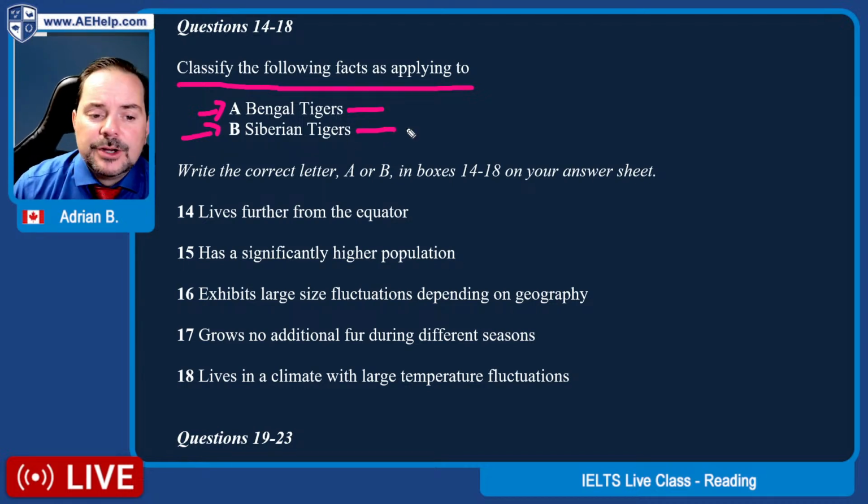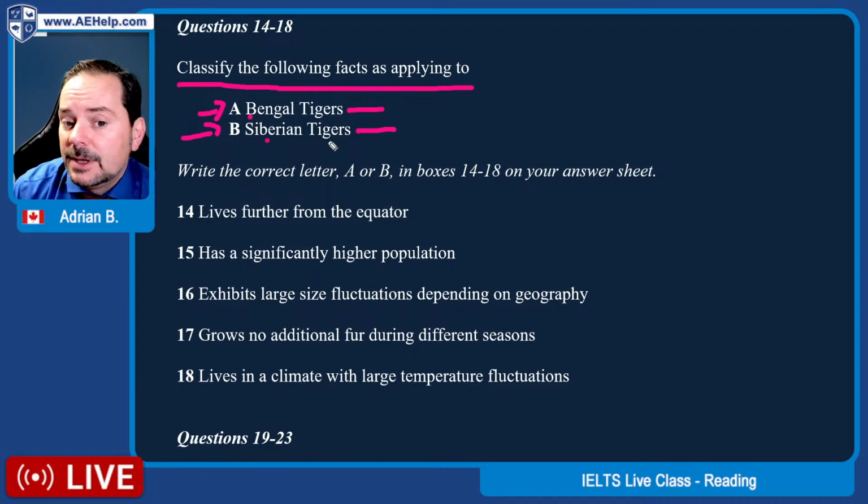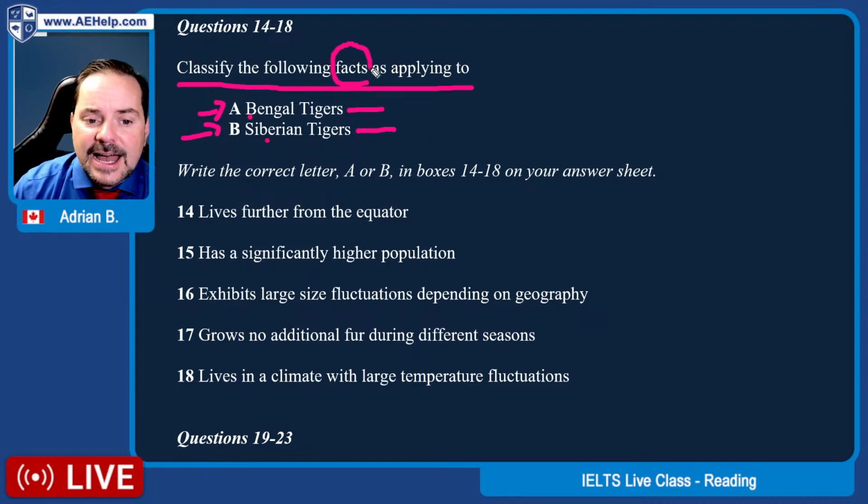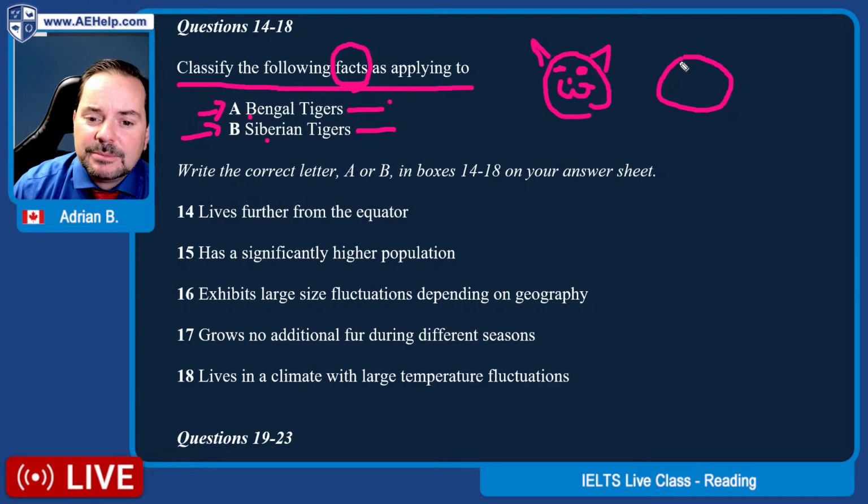Okay, so right away I know that here there are going to be two types of tigers, Bengal and Siberian, and there will be some facts about these two types of tigers. So immediately I've got two tigers here that I'm thinking about. Okay, that looks kind of like a cat, but hey, you know what? Tigers are kind of a cat-like family anyway.